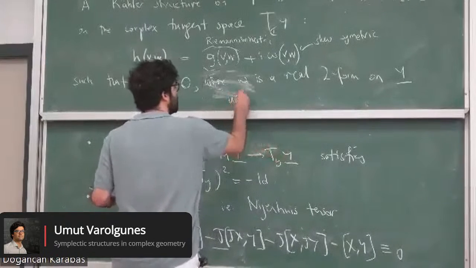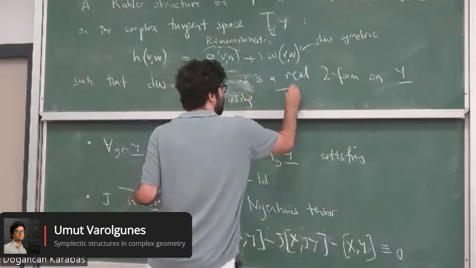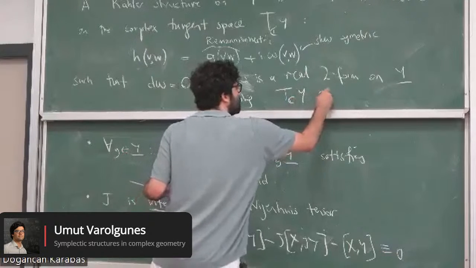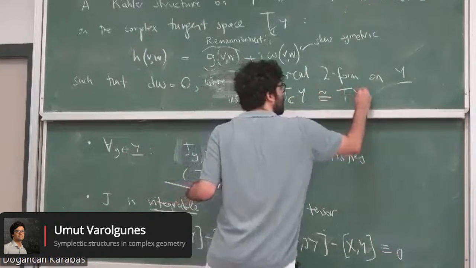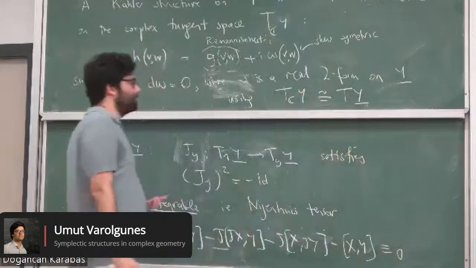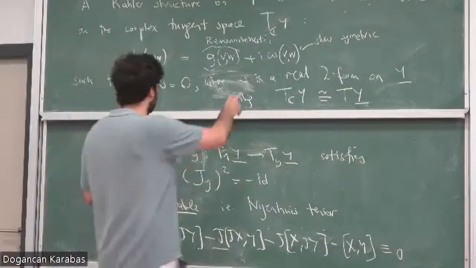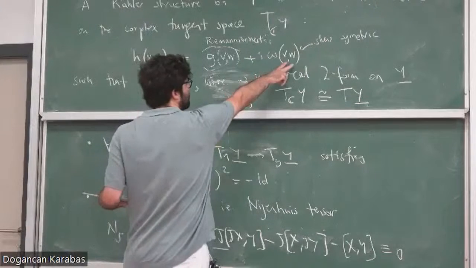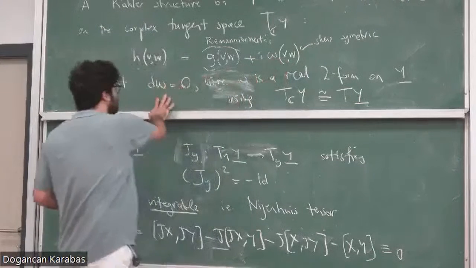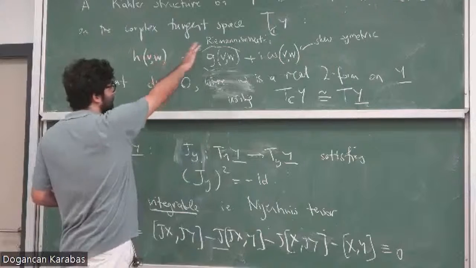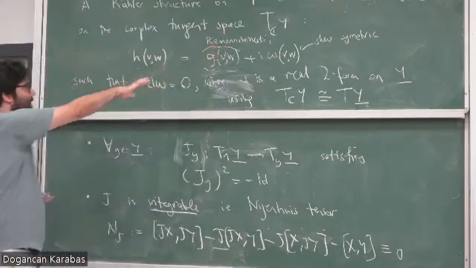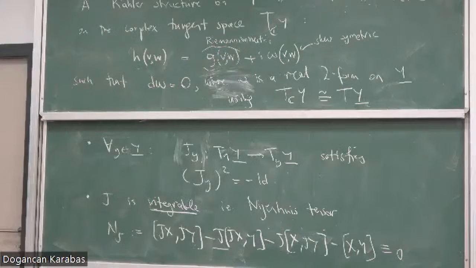Okay, maybe I write that using the canonical identification of T star Y with T underline. Then I get this skew symmetric form. It's closed, and it's also non-degenerate, which is also something that follows from this whole h thing being a Hermitian metric.